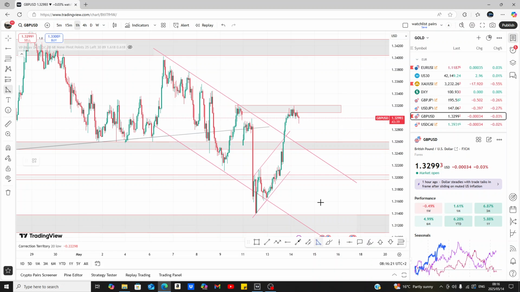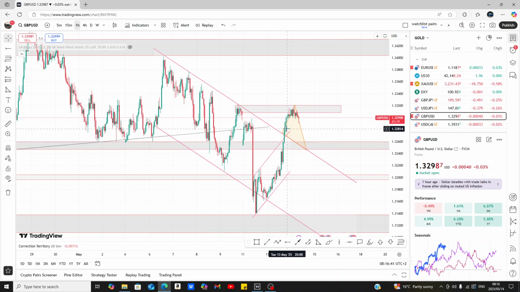So what it does is it traps people into thinking that there's a buy entry right here, and they enter, and what they do is this. I just use these triangles, so I've noted this as a manipulation zone, or more like a liquidity sweep.